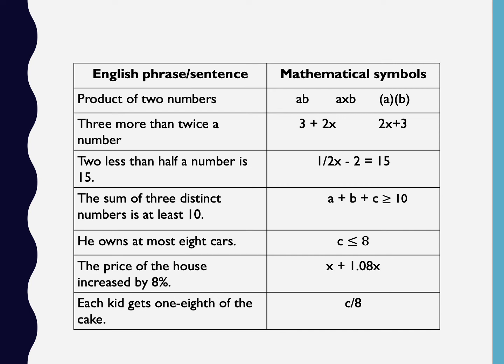So let's say A plus B plus C. When you say it is at least 10, the minimum value of the sum of these three numbers is 10. So you will use greater than or equal to 10, where 10 is included.